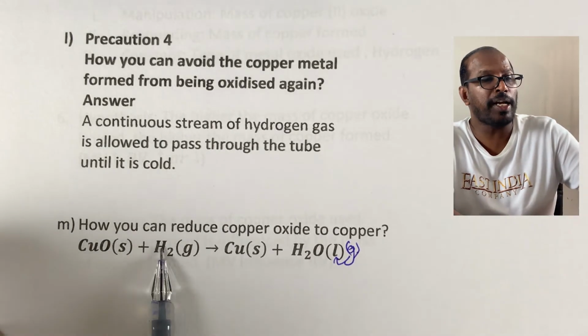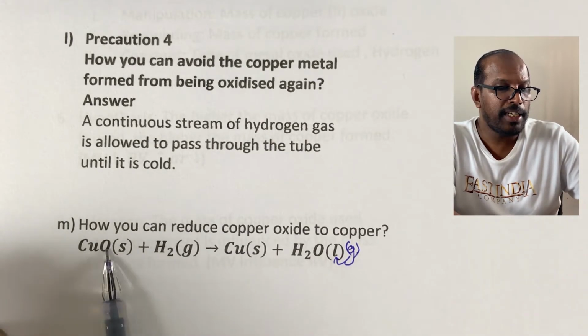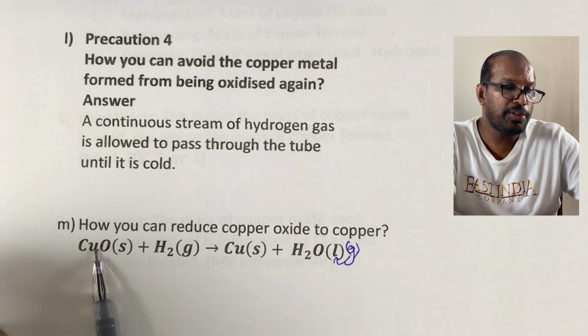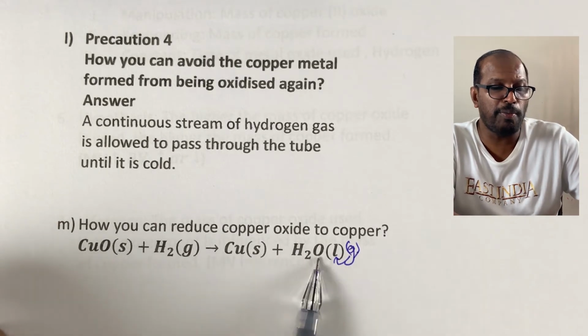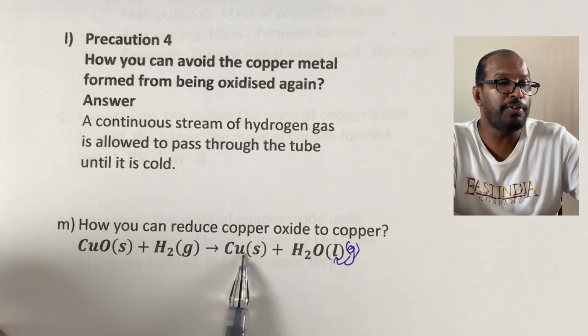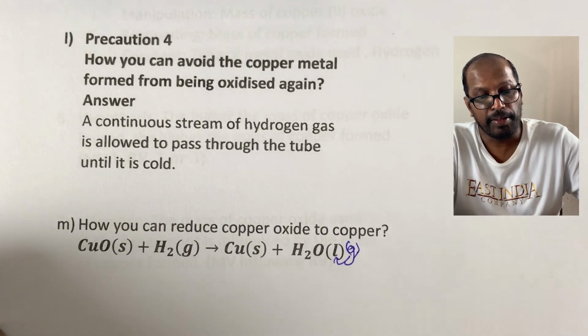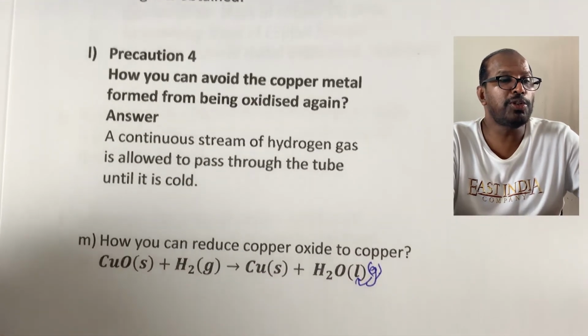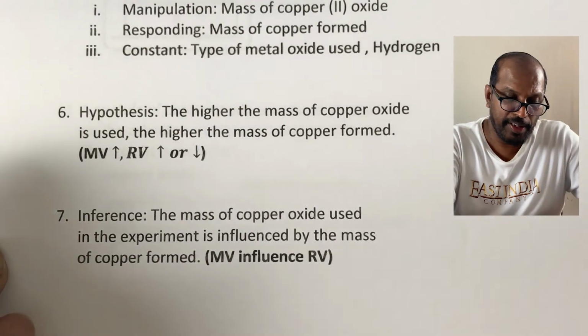Since hydrogen is more reactive than copper, hydrogen can react with oxygen to form water, and copper oxide will be reduced to copper. Okay, now you understand generally the basic requirements of the experiment.